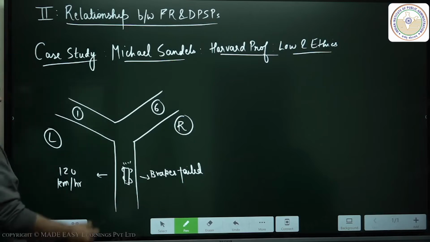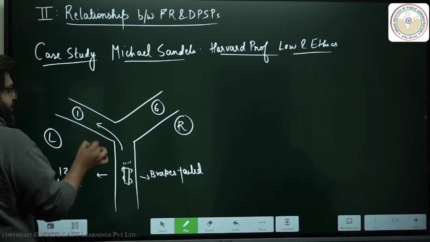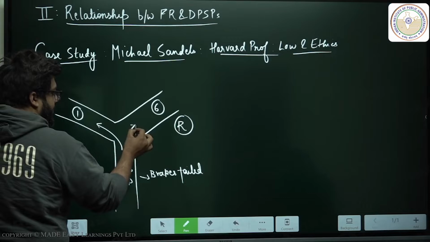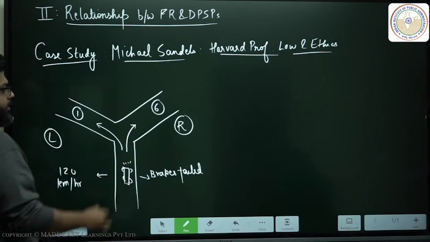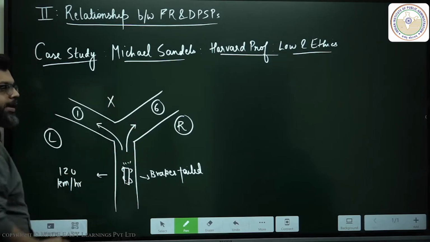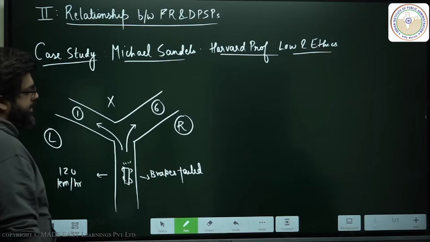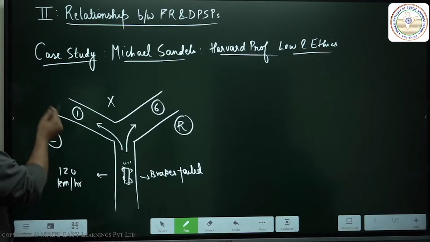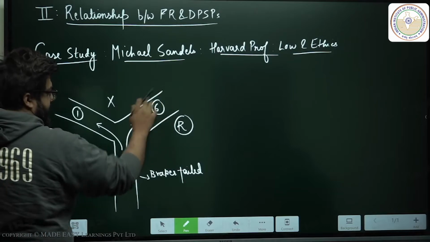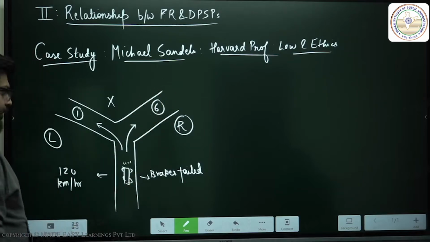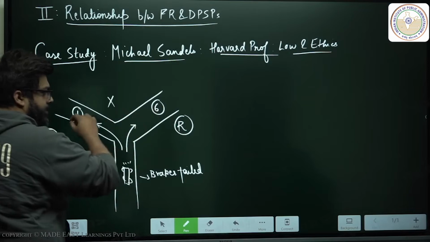Now, you can either take a left or you can take a right. You cannot go straight. Your only options are to take a left towards the one person or to take a right towards the 6 people. You don't know anything about these people.